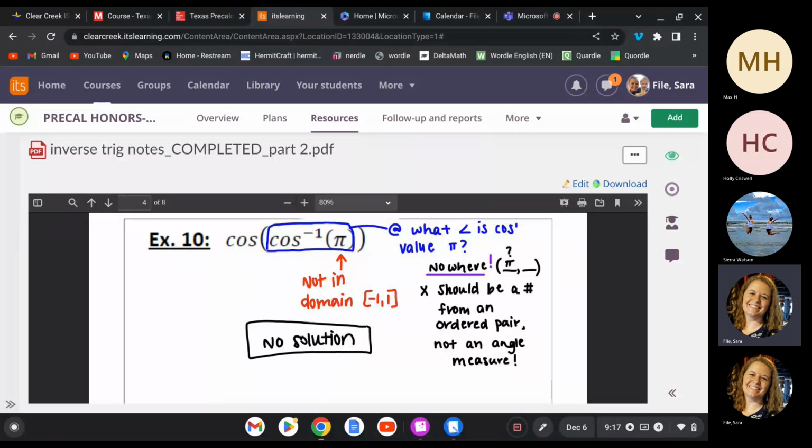Inverse cosine's domain is just -1 to 1. So there's nowhere on the cosine graph where cosine's value would be pi. The angle would be pi, the location would be pi, not the trig value. So this one had no solution.